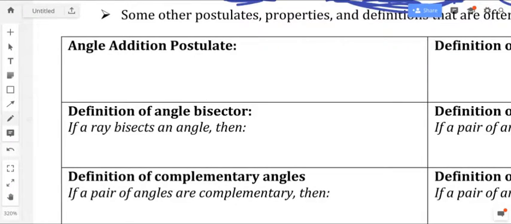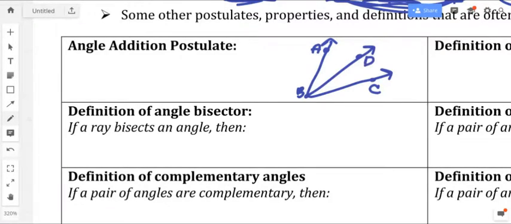So why don't we draw a picture for this? We can draw it right in here. Let's draw angle ABC, and then with a ray BD. And we'll call these angle 1 and angle 2. So angle addition, we take the two small angles, so this angle 1 and angle 2.